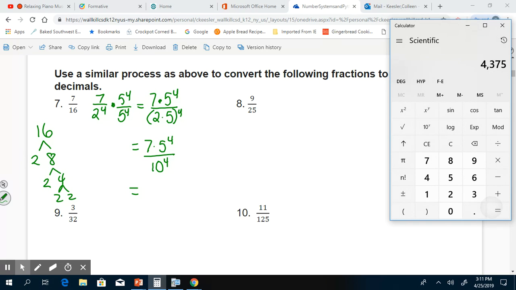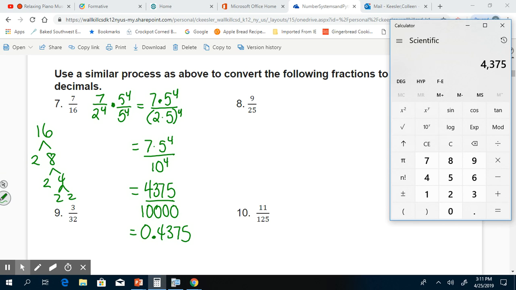Multiply that by 7, and I get 4,375 over 10 to the 4th, which is a 1 with 4 zeros, or 10,000. And then I can write that as a decimal. It needs to be 4 places back, and I have 4 digits, so my answer is 0.4375.